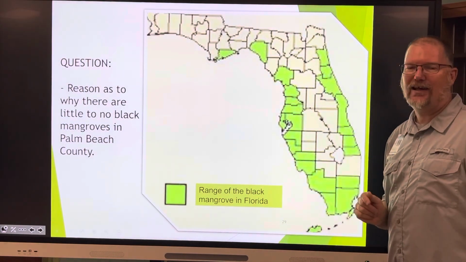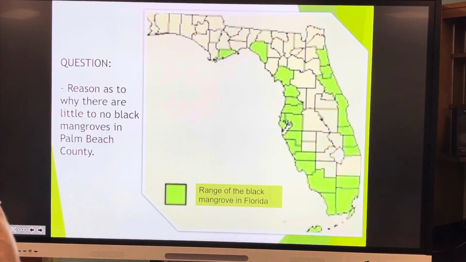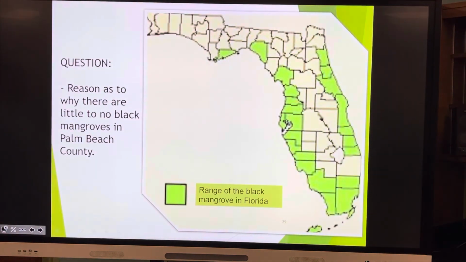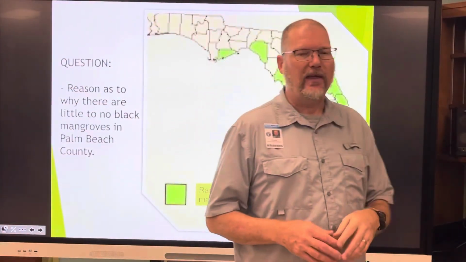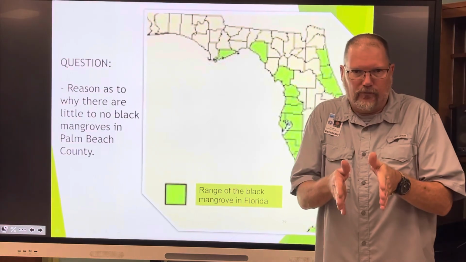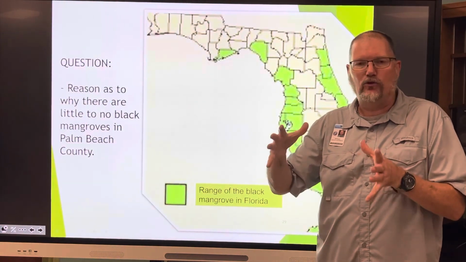Now, I'm not going to tell you the answer to that question. You need to figure it out yourself. You can discuss it after these notes with the people at your table, that's fine. But why do you think there are no black mangroves? Or think about where they live. They don't live in the water, and they don't live up on the drier land. They kind of live in between.